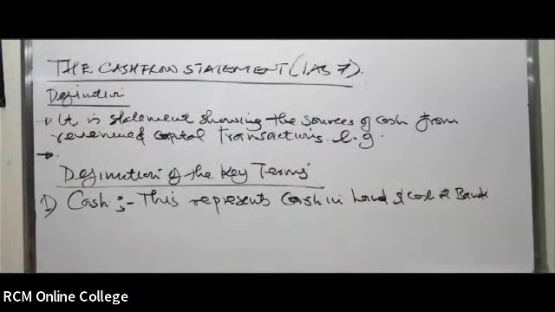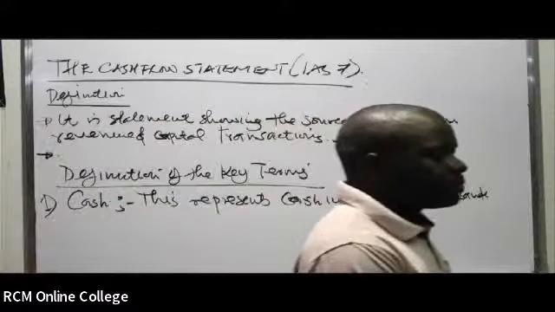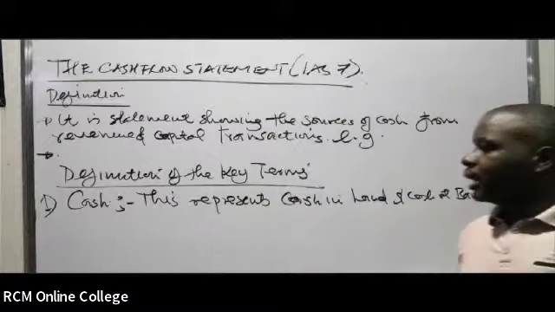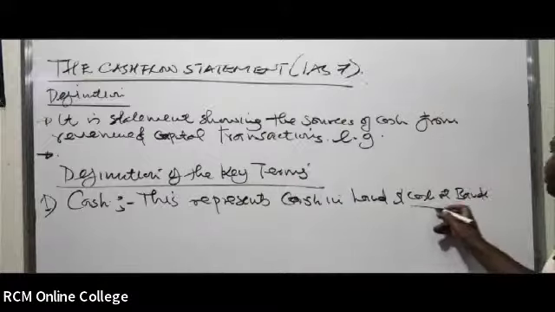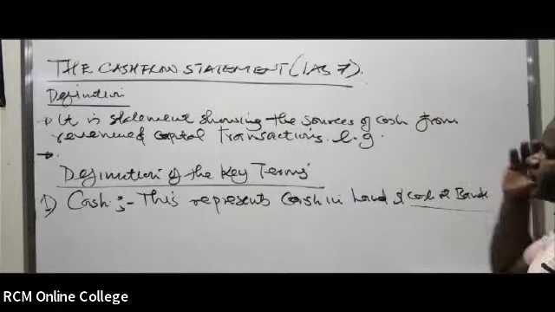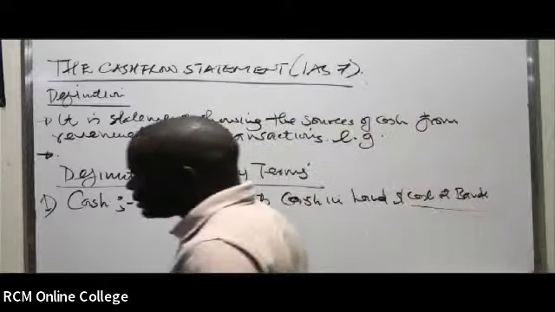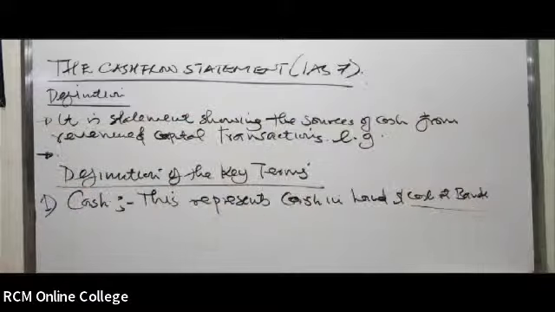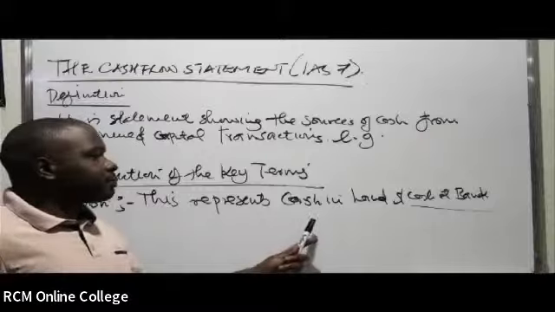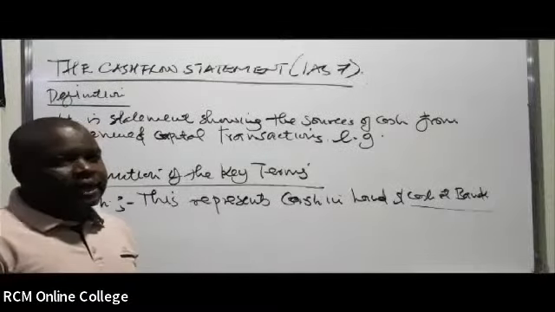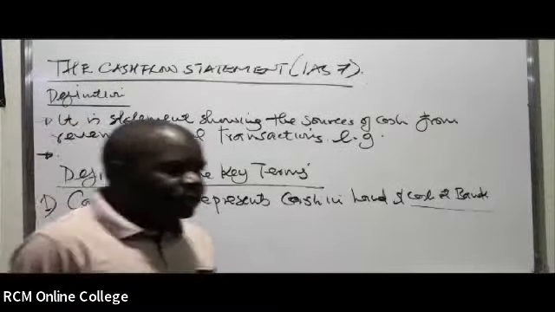Cash in hand is what you have at hand in the business, maybe in your safe. And the cash you have at the bank is what you have put under safekeeping in the bank. So we combine the two, and we end up with cash. And of course, that is basically what we are looking at: what is the opening figure in terms of the cash, either at hand plus that in the bank?